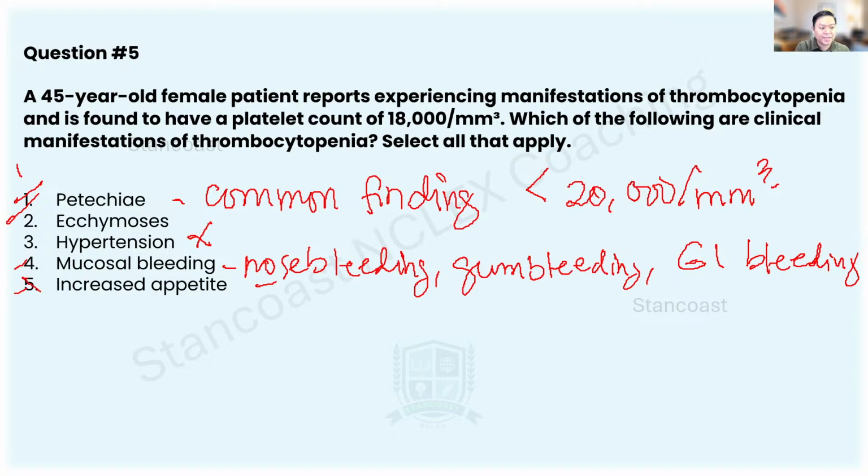So we're going to eliminate that one. We're going to eliminate hypertension. So we have our answers: options 1, 2, and number 4. Petechiae, ecchymosis, and mucosal bleeding.